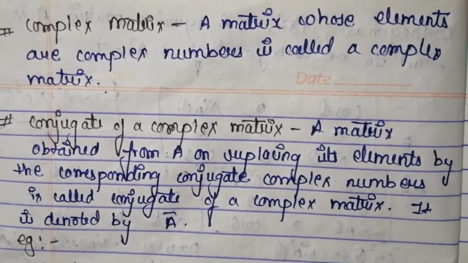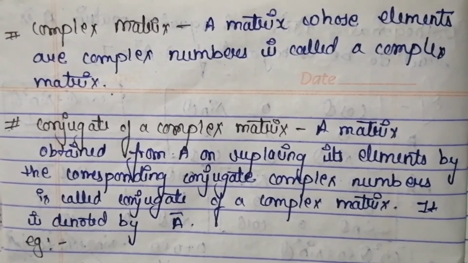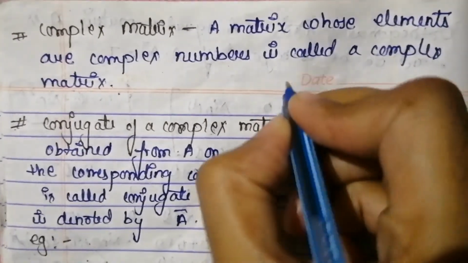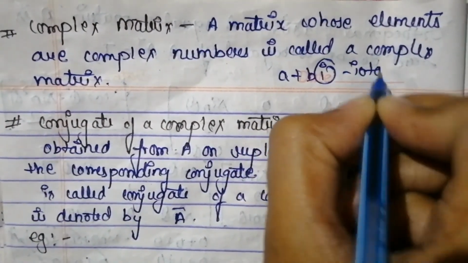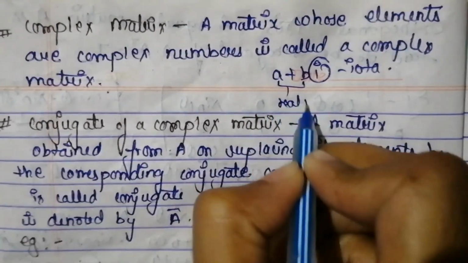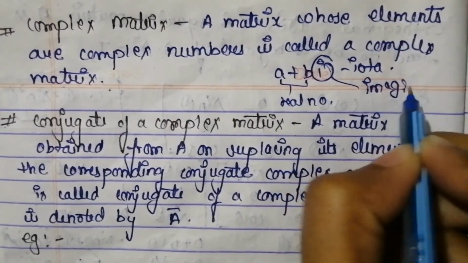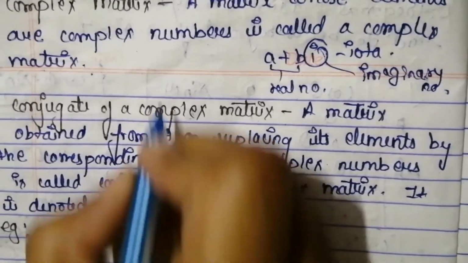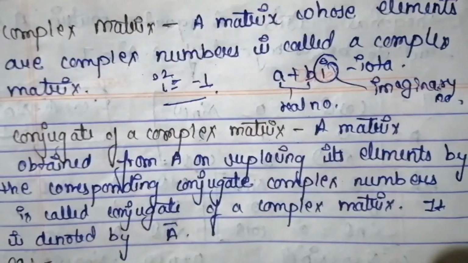So the question arises: what are complex numbers? Complex numbers are those numbers that can be represented in the form a plus b iota, where a and b are real numbers and iota is an imaginary number such that iota squared is equal to minus 1.